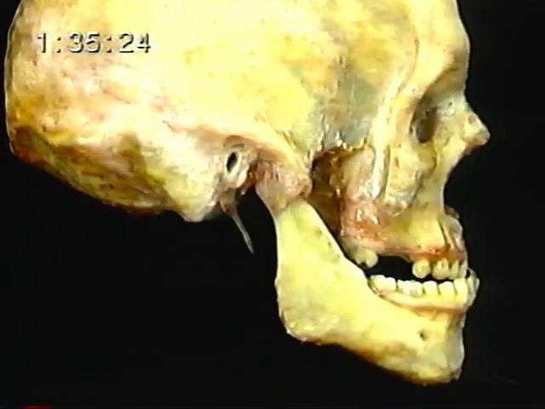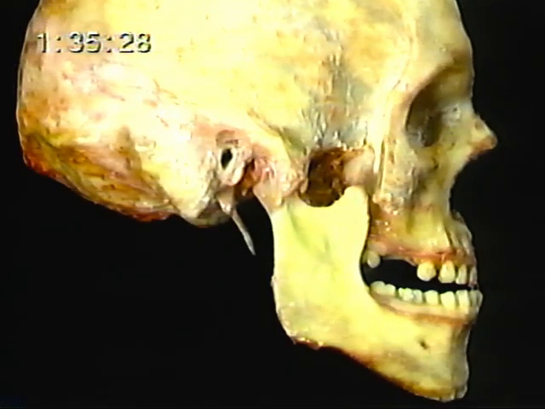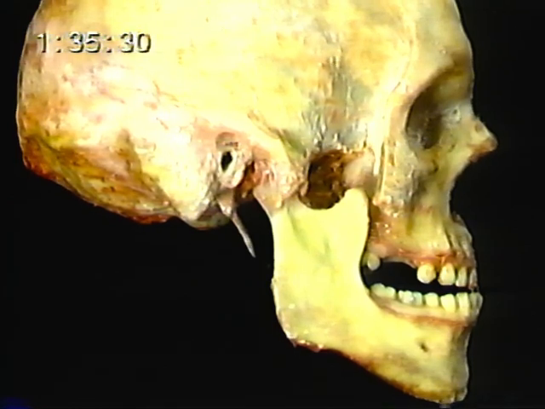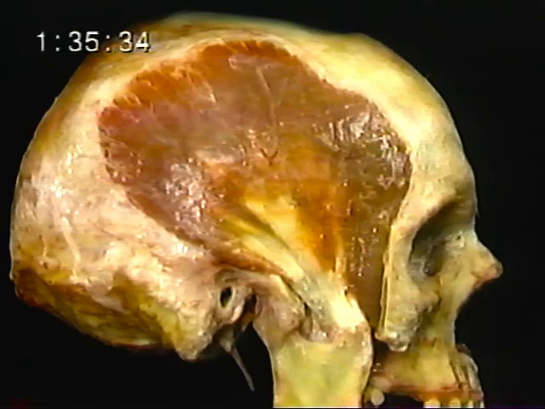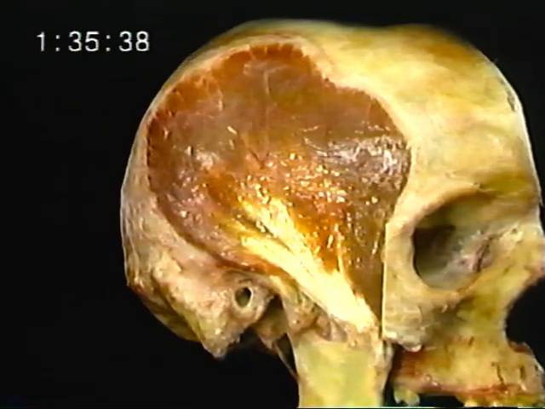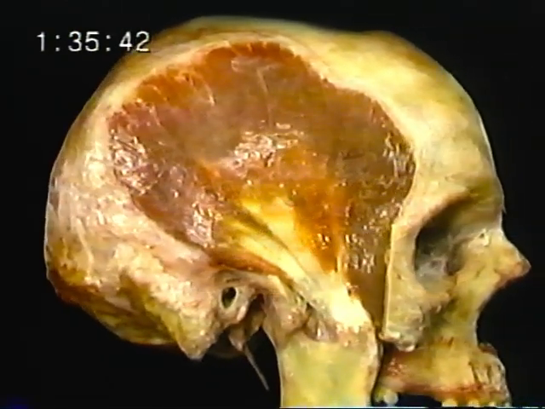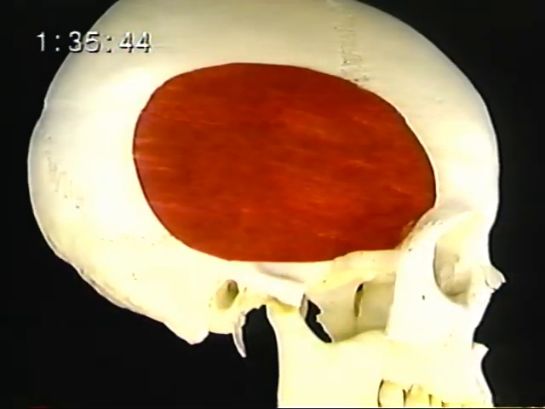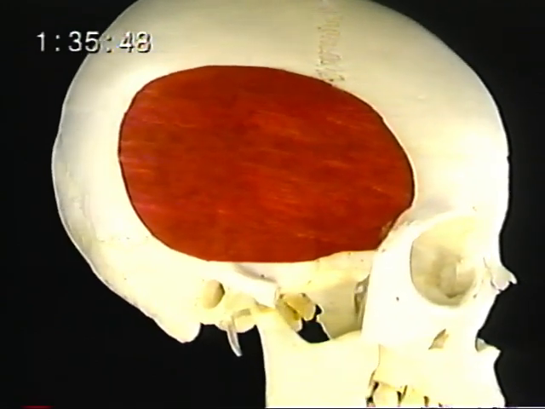Before adding the next muscle, the temporalis, to the picture, we'll put the coronoid process back in place, since that's where the temporalis inserts. Here's temporalis, the largest of the muscles of mastication. It's shaped like a fan. It arises from the wide area on the side of the skull that lies within the temporal line.